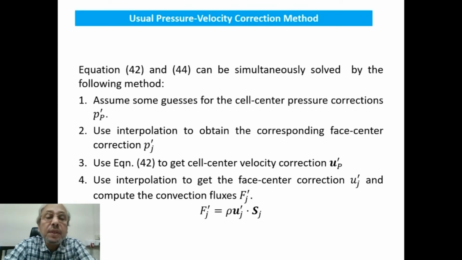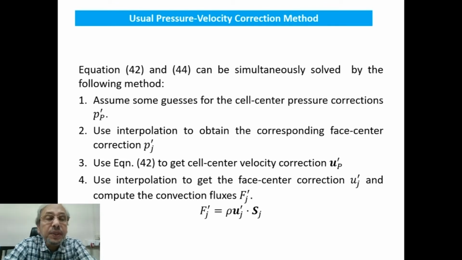Now equations 42 and 44 can be simultaneously solved by the following method. This we have already discussed. Assume some guesses for the cell center pressure corrections, p prime.